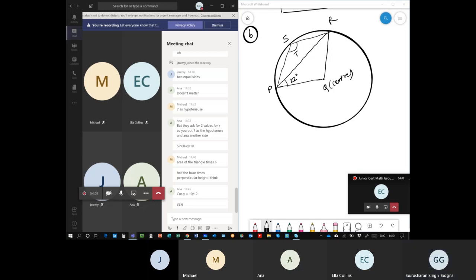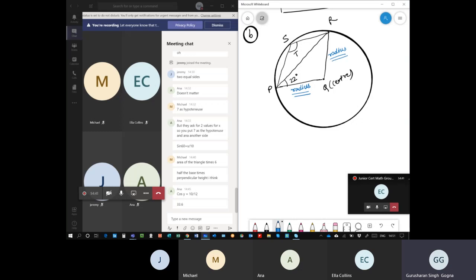So you have a circle with a center Q. First of all, you need to focus on what is given in the question, and even if it is not given directly, what you can get out of this. First of all, you can see that that's the radius. QR is the radius, and this is also the radius. Agree? Both are radius, and radii of the circle are equal, isn't it?